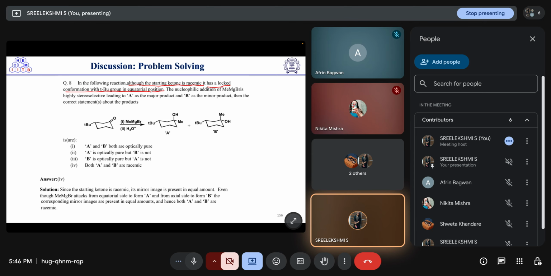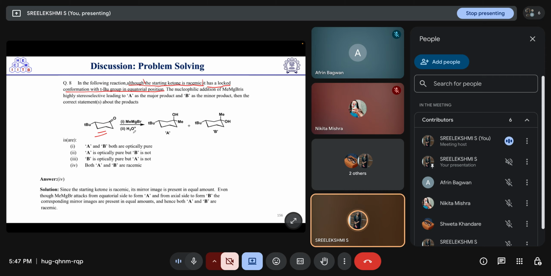Okay, we will see. The correct answer is option 4. Here it is given that the starting ketone is racemic. That means this starting material has its mirror image also in an equal amount. So if we start with a racemic compound, the product will always be racemic too, unless we use some extra chiral source like a chiral auxiliary.